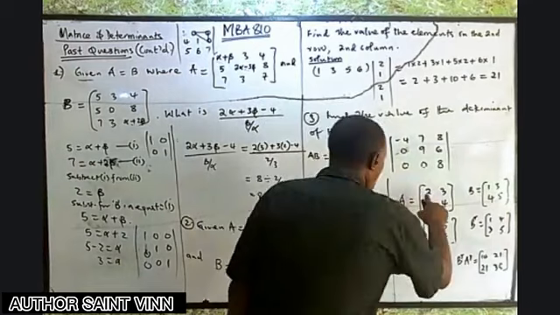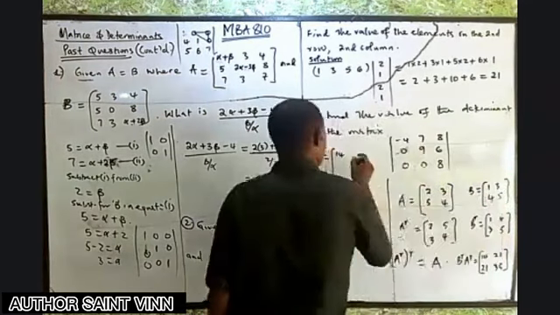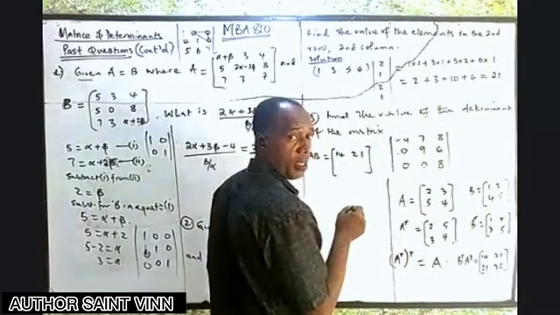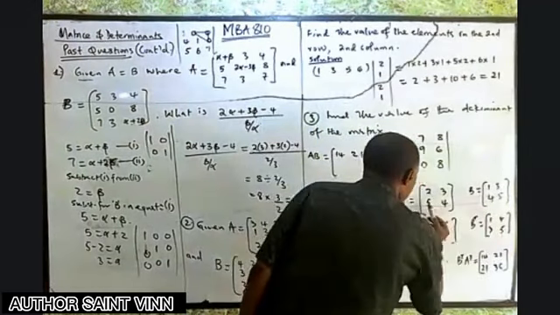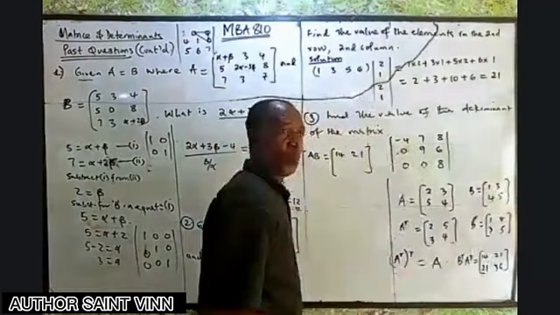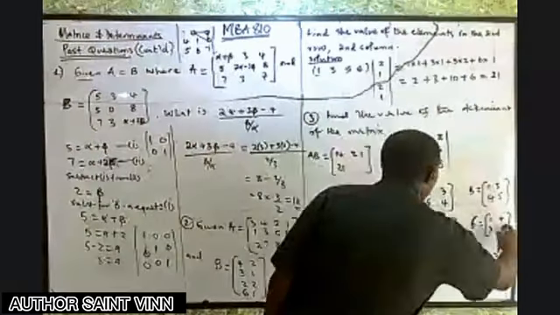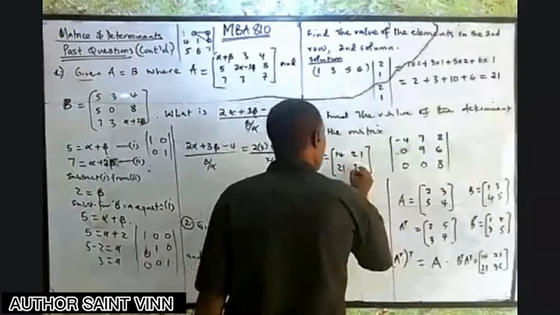Now, row again times column. 2 times 3 is 6 plus 15, 21. Row again times column. 5 times 1 is 5 plus 16, 21. And row again times column. We have 15 plus 20, that's 35.